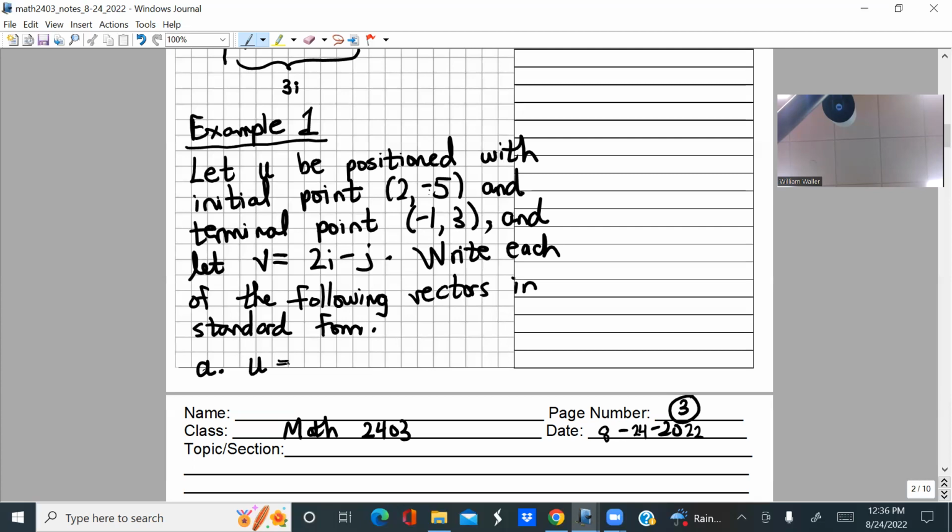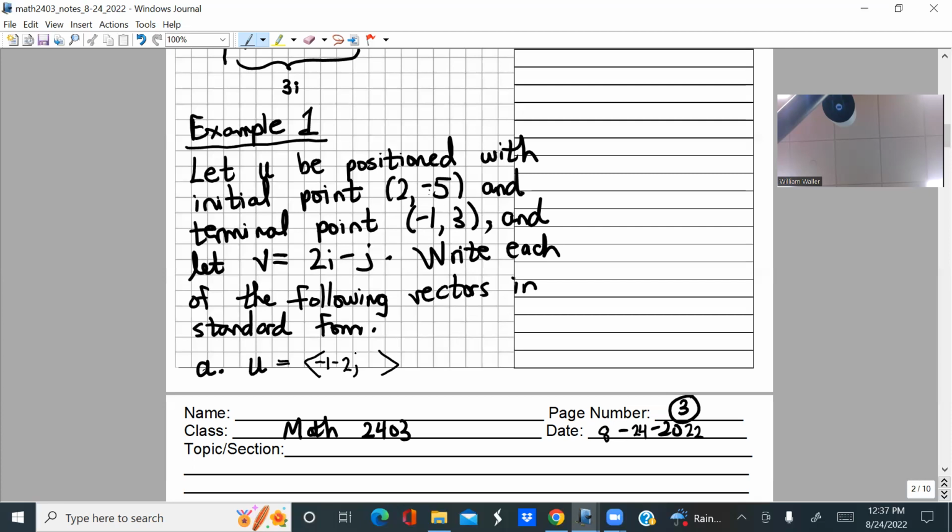Well, to get that, first take the vector u and put it in component form. This is not written in component form because I gave you the initial point and the terminal point, right? So first, let's write it in component form. And how do you write it in component form? Remember, you just take the difference in the coordinates between the initial point and the terminal point. So the terminal x-coordinate is -1, and the initial x-coordinate is 2. So you get -1 minus 2 here for the first component.